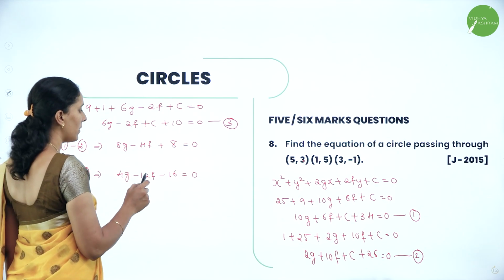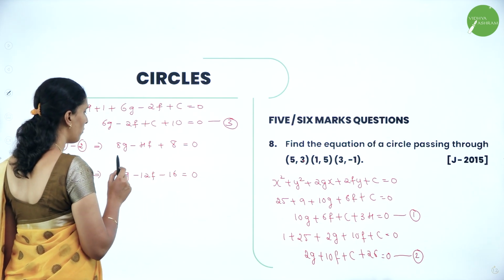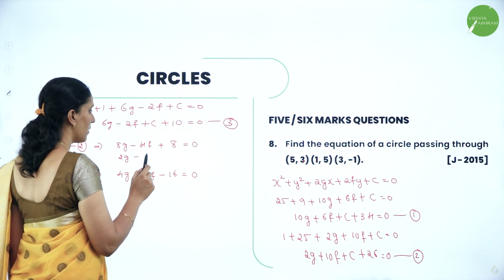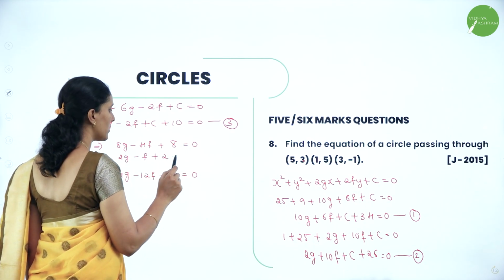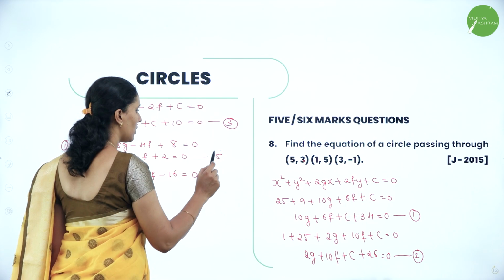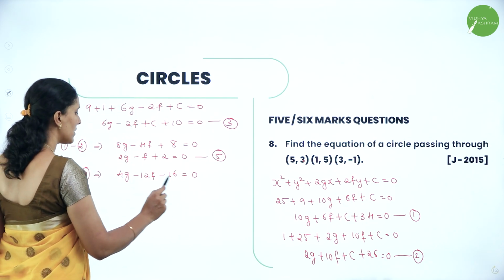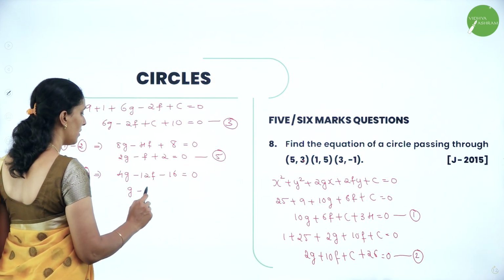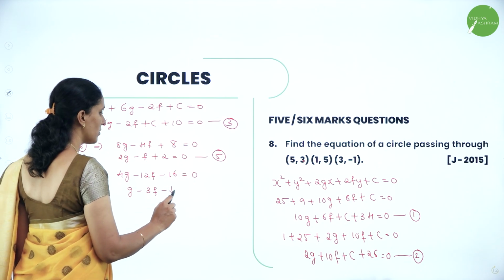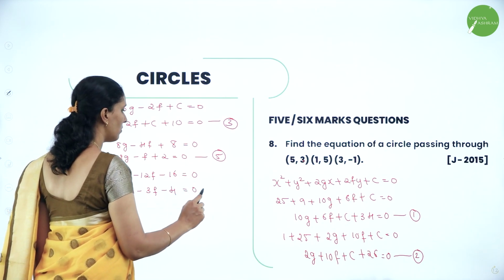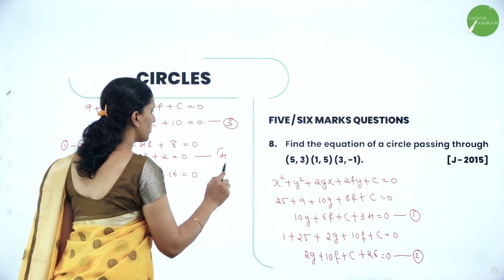Now here on simplification, dividing throughout by 4, we will get this as 2g minus f plus 2 is equal to 0. Let me take this as equation 4. Here also on simplification, we will get g minus 3f minus 4 is equal to 0.